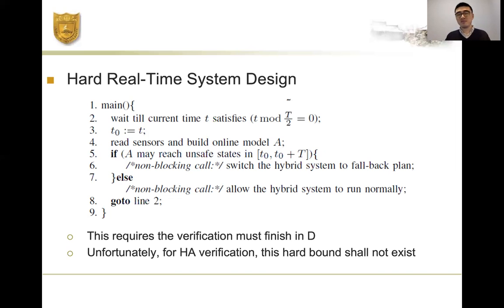So maybe for that system, it takes too long and cannot finish in the T time units. In this case, we still allow the hardware system to run normally. This requires the verification to finish in D. Unfortunately, for hybrid automata verification, this hard bound shall not exist, right?